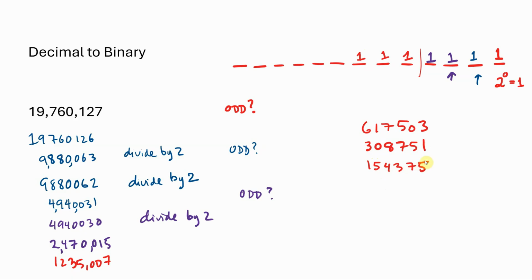15,435. Another odd number. So we're putting a 1 in those place values. 7, subtract 1 divided by 2, 77187. That's again another odd number. Okay.